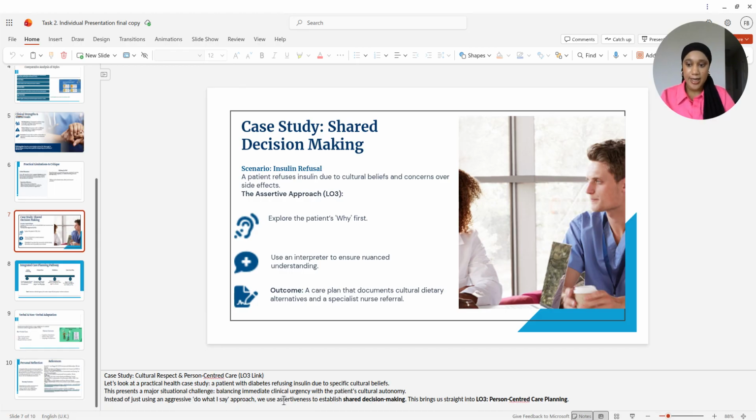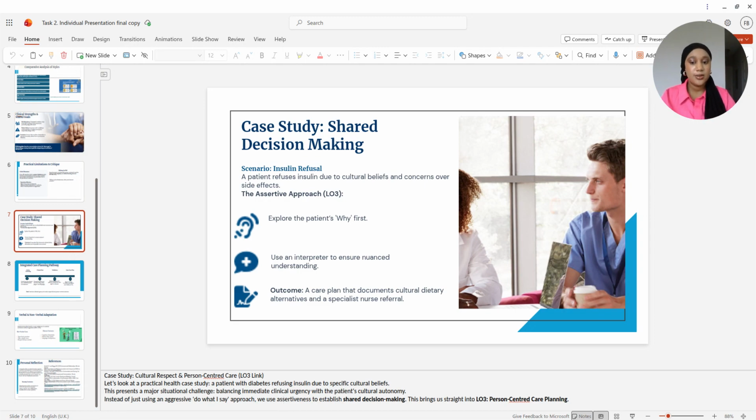Okay, next slide. Case study: cultural respect and patient-centered care, linking to learning outcome 3. Let's look at a practical health case study. A patient with diabetes refusing insulin due to a specific cultural belief.